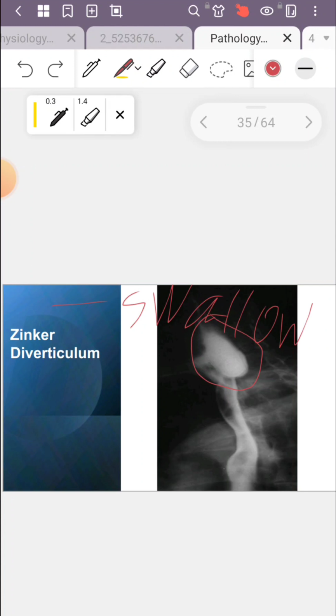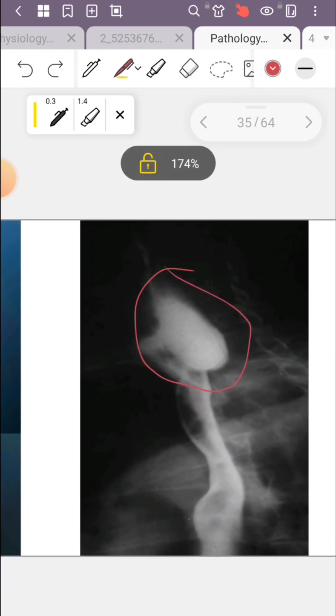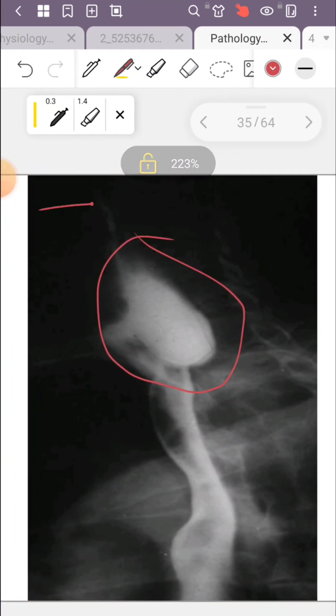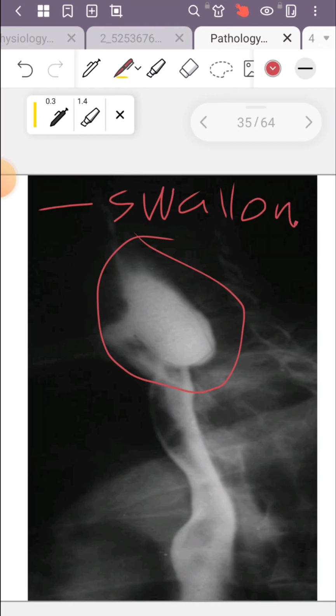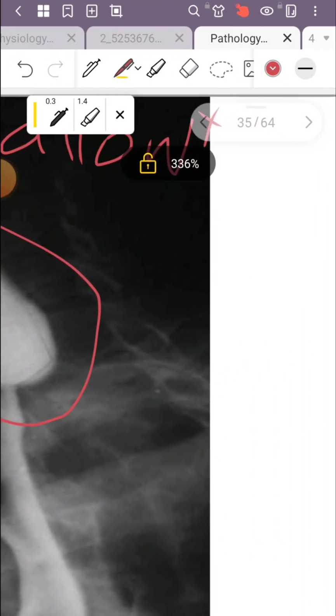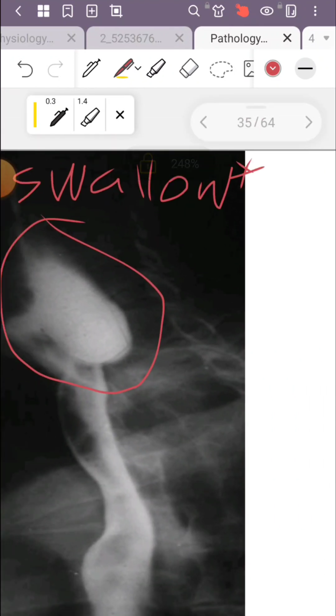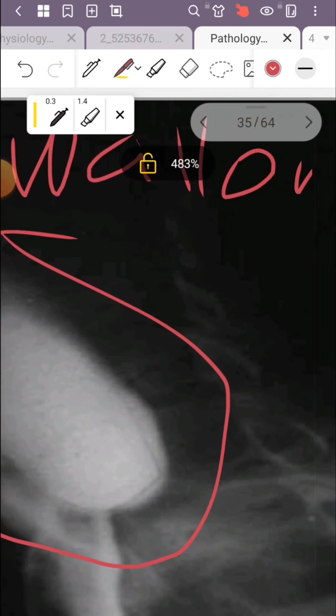Here there is filling of the outpouched mucosa, or diverticulum, by the contrast media. They also have halitosis and dysphagia. Sometimes it is asymptomatic. Halitosis is bad breath, or bad odor with breathing.